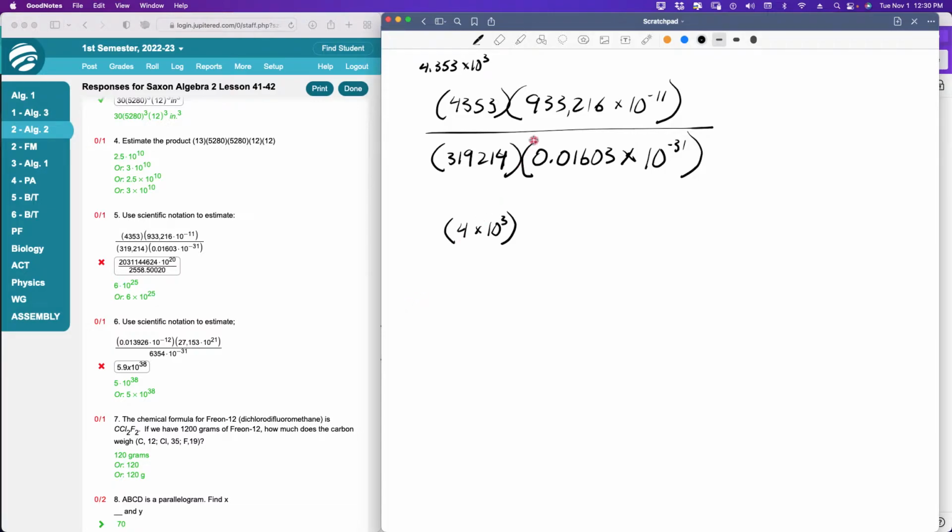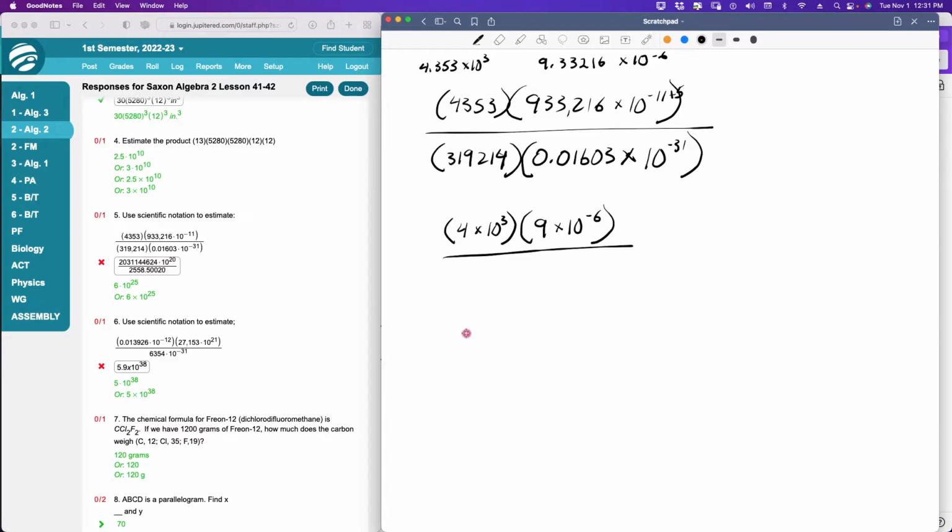See what I did? This would be 9.33216. 1, 2, 3, 4, 5. That'd be a plus 5. So times 10 to the negative 6, because we combine those. We round this down to the whole number. That becomes 9 times 10 to the negative 6, right?